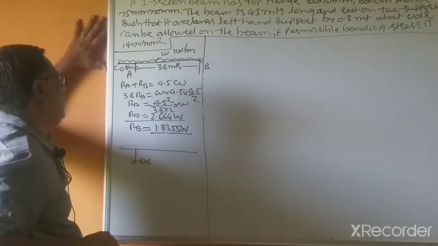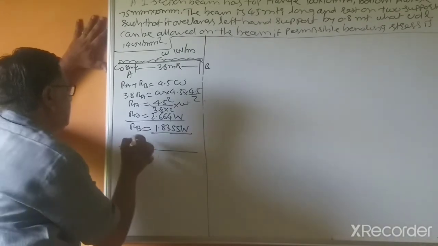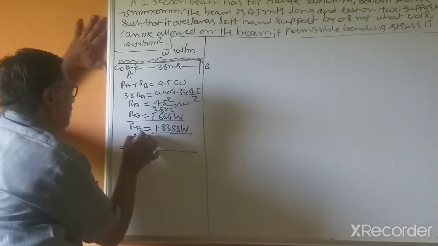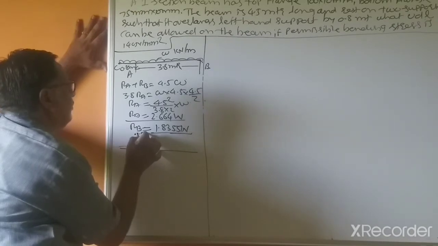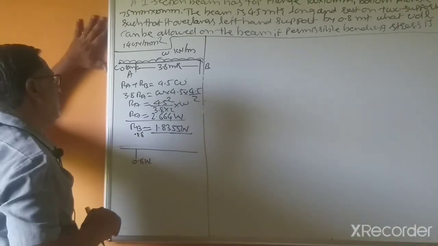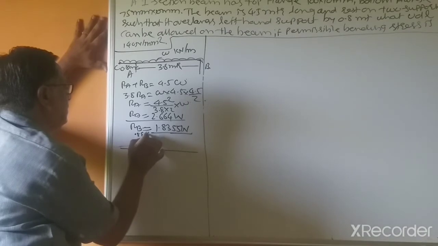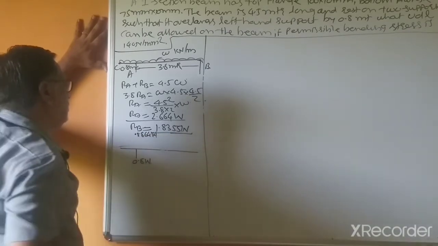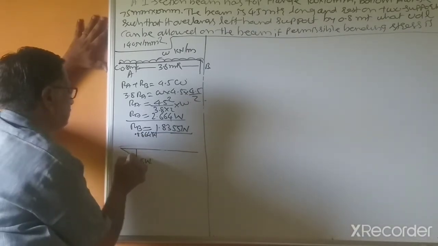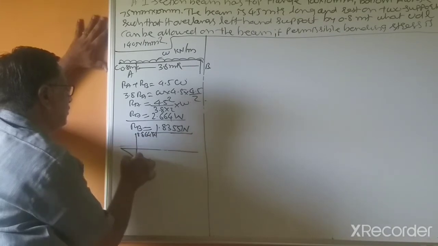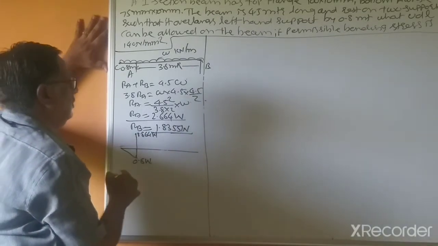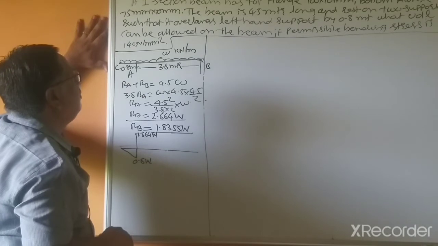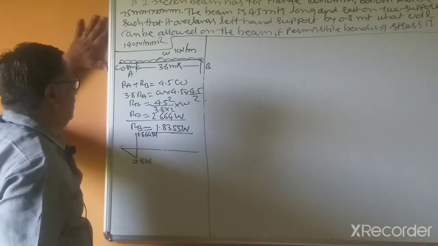After that 0.8 W subtracted from RA 2.664 W gives 1.864 W. At B point, 0.